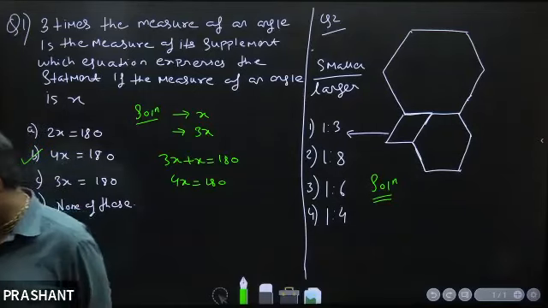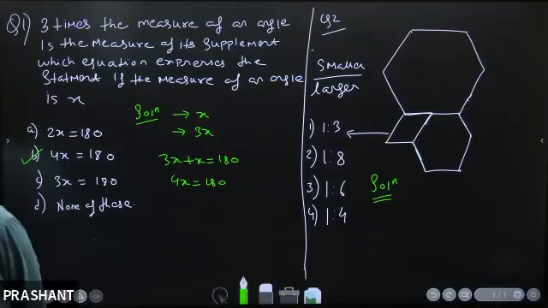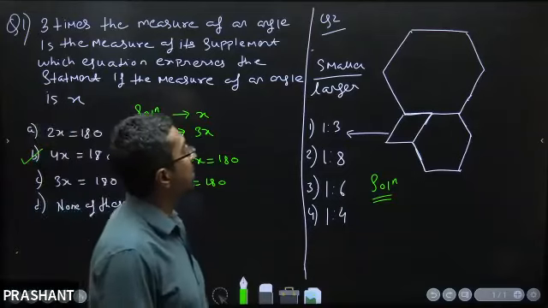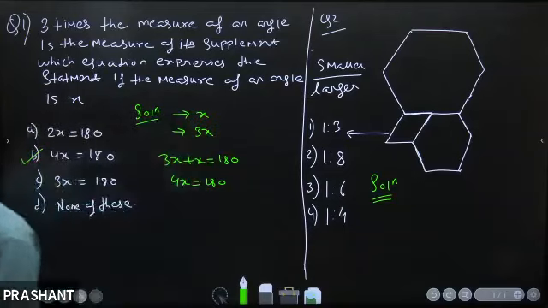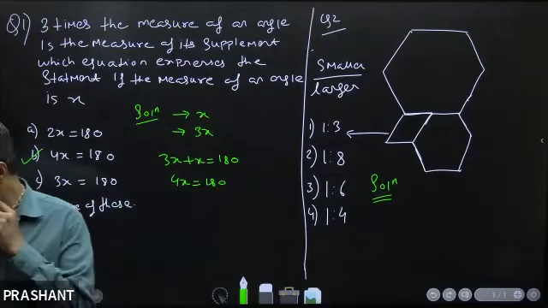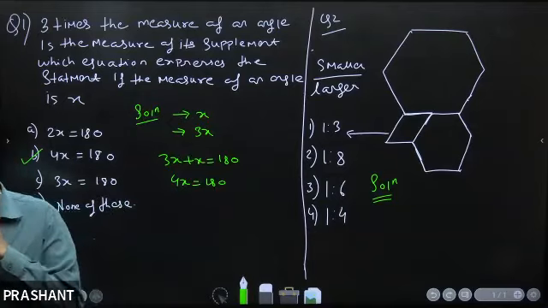Okay, let us solve this now. अभी देखो, अगर हम मानते हैं, किसी को मिला आंसर?